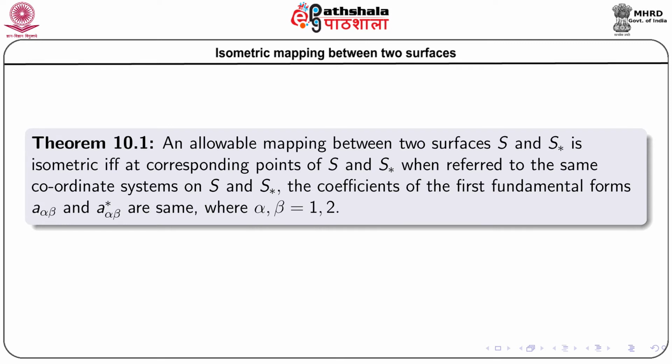We know that for surfaces alpha and beta run from 1 to 2. So, for isometric mapping, we shall prove that the coefficients of the first fundamental forms a alpha beta and a star alpha beta are the same.